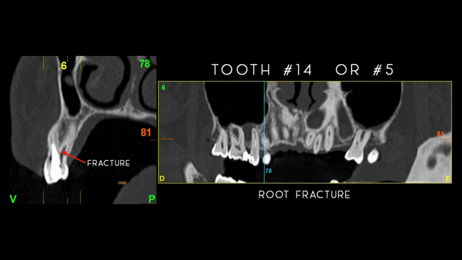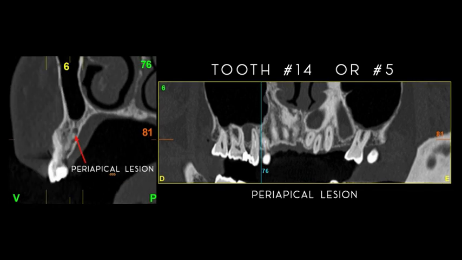And then we go to tooth 14, there's a root fracture with some clinical symptoms, and we also have a periapical lesion. So my question is, what would be your approach here? What would you do in this case?